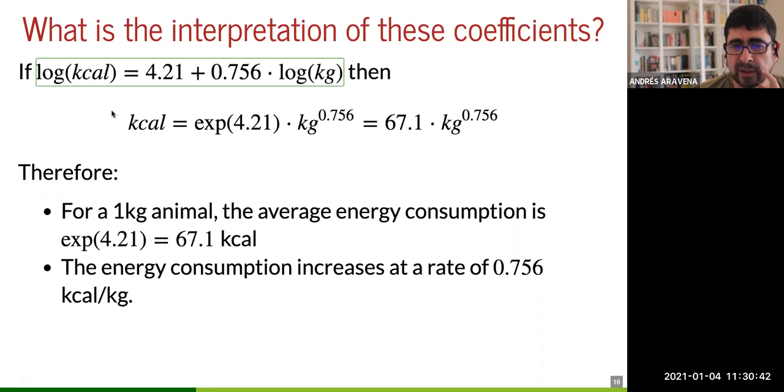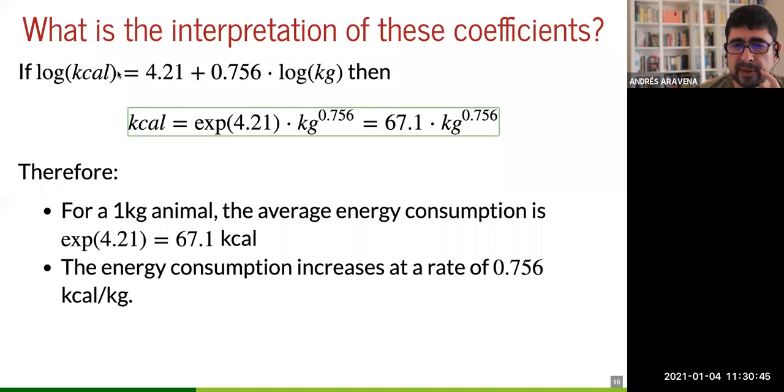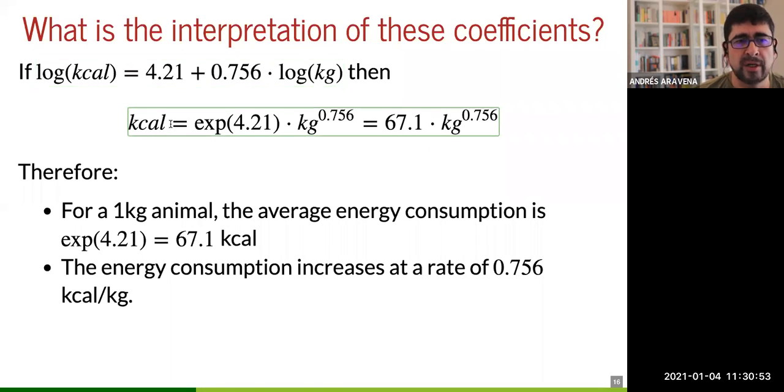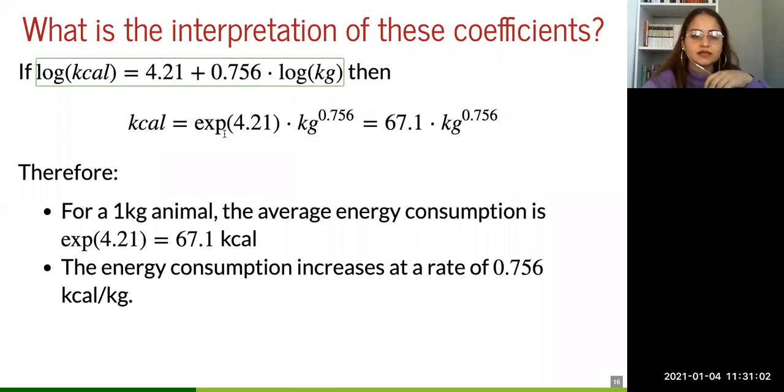So I want you to tell me if you agree that this equation is telling you exactly the same as this equation. If the first equation is true, the second is true, and vice versa. They are saying the same in different language. Agree? Yes, I agree. Good.